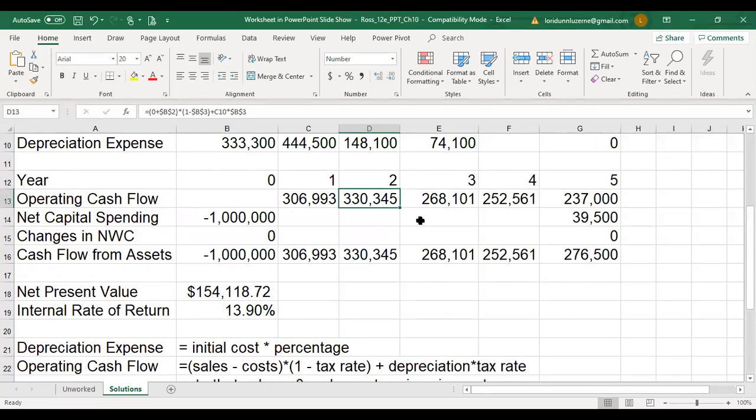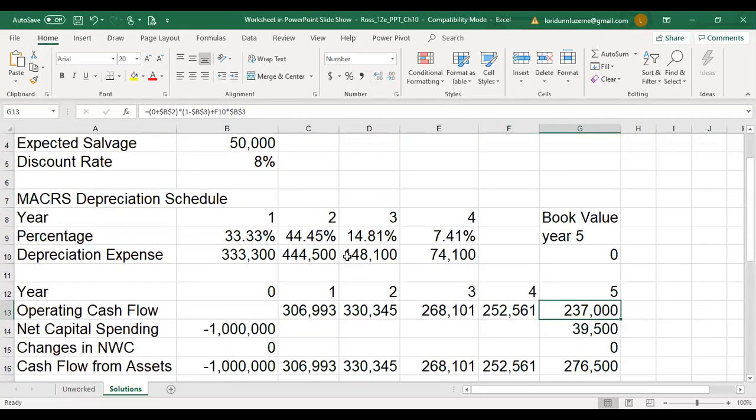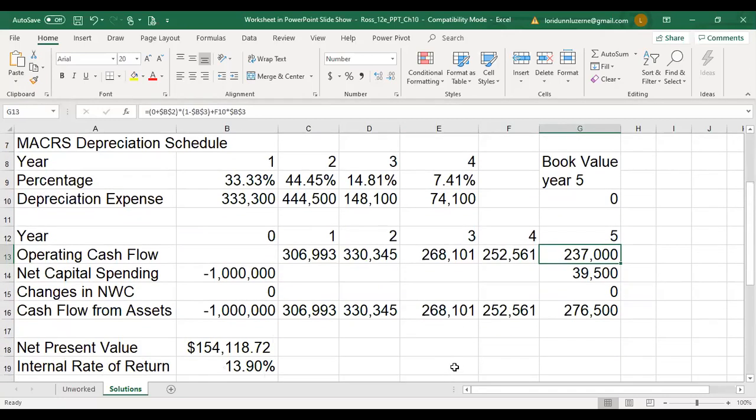Either way, your author just took a different approach. So that's what you would do for year 3, year 4, and year 5. Subtract the depreciation, recalculate tax, determine net income, and then add back depreciation.